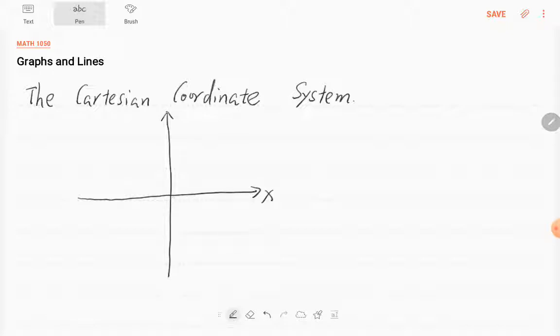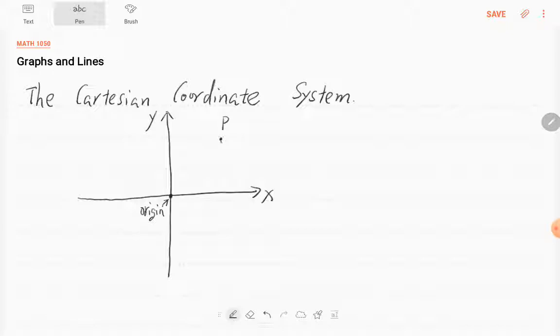Here, the point where x equals 0 and y equals 0 is called the origin. If you have a point here, what is the position of this point? It is given by what are called coordinates.